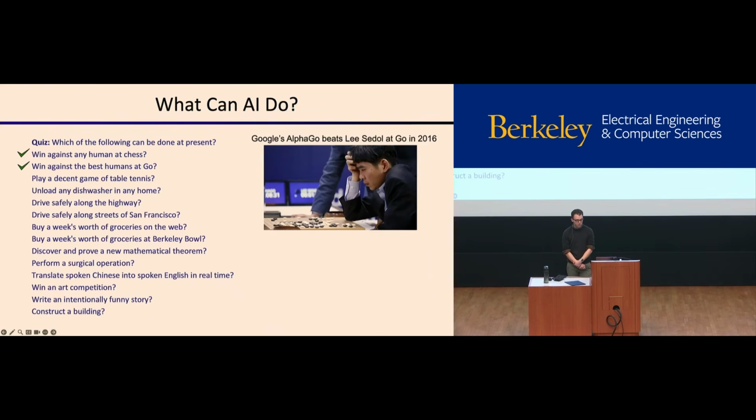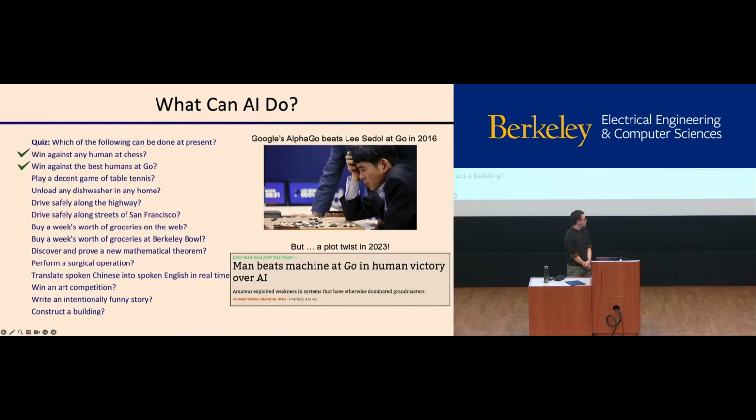But actually, there was a plot twist, which is that a human did beat one of those machines at Go, and it was a team of researchers, including some Berkeley people, that did this. They exploited some of the intricacies of these algorithms and learned to encircle the pieces in a clever way, so that the machine wouldn't see it coming because it wasn't in the training data.